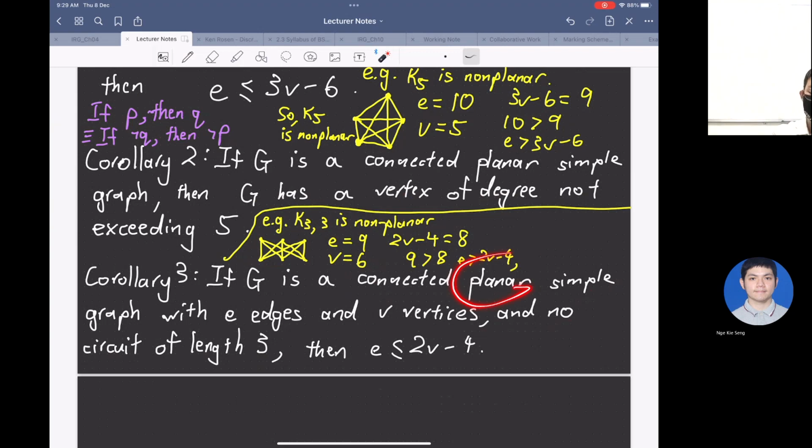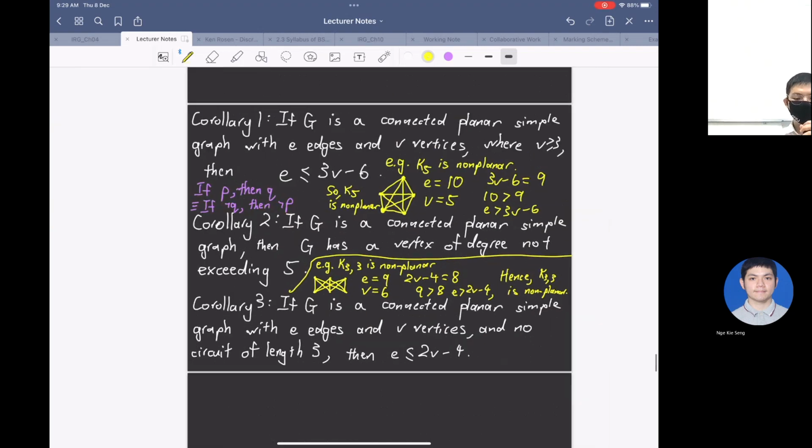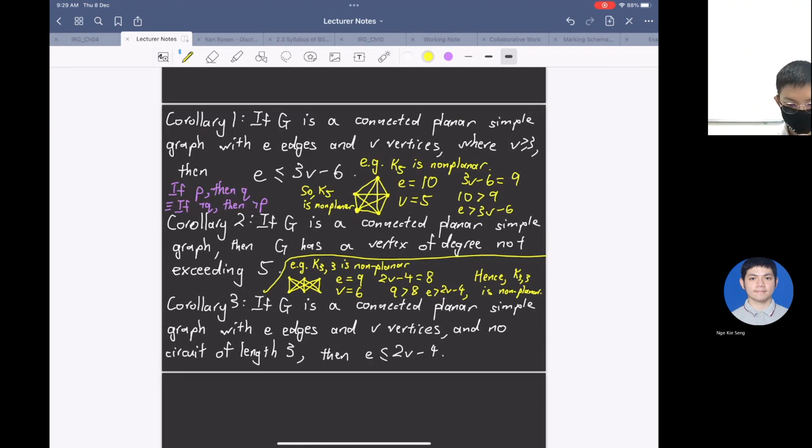Hence, it must be not planar. So these 3 conditions are satisfied, so the inequality must not be satisfied. Hence, K3,3 is non-planar.